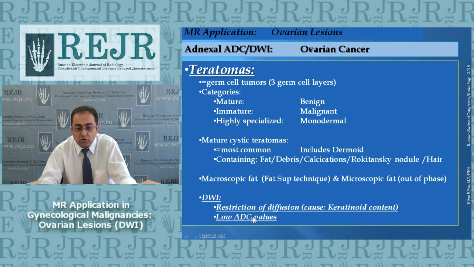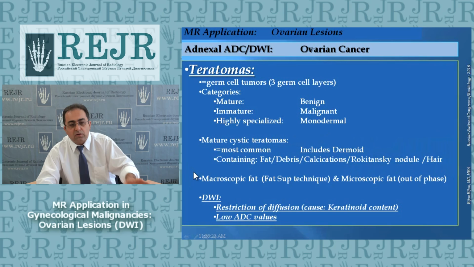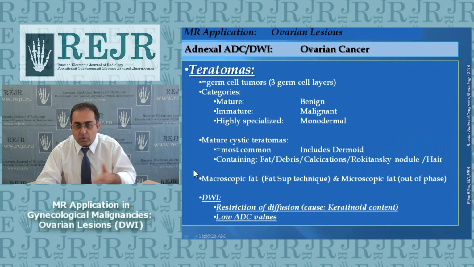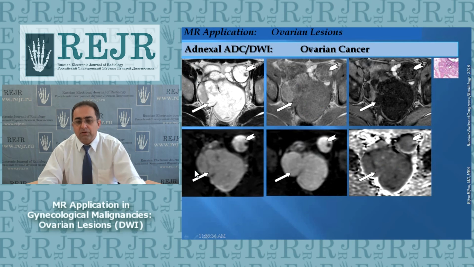So they can have low ADC values like malignant tumors, but you are using other techniques, as I said, with fat suppression, and even on CT you can see other features of dermoid, so you can make a diagnosis based on the MRI or CT without using your DWI. Let me show you an example.